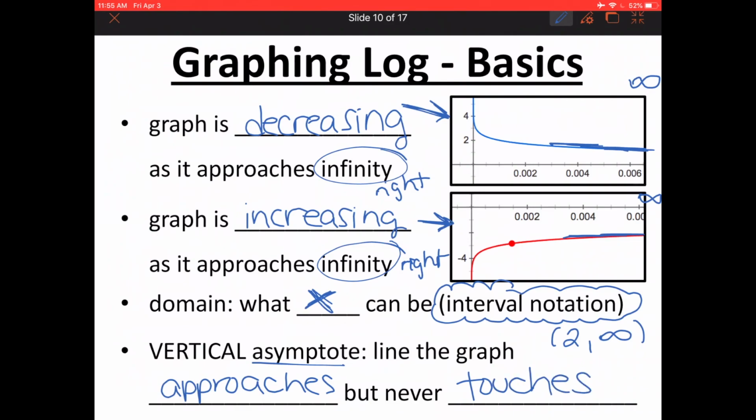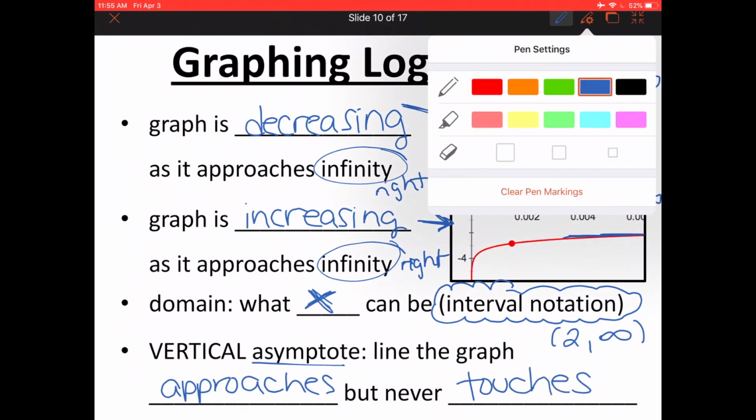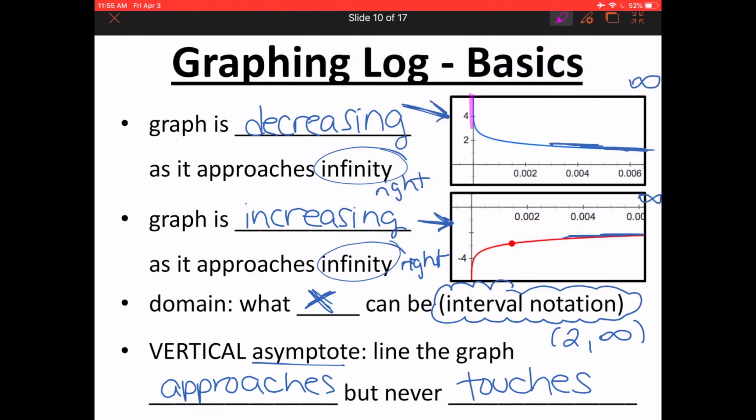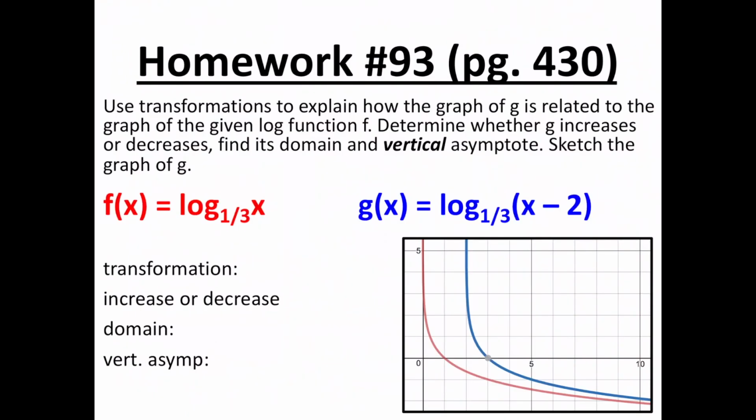So keep in mind some of those asymptotes. For example, here, you see this asymptote at x equals 0 because that graph is approaching it but never touching. Same thing here, at x equals 0, the graph is approaching it but never crossing it. All right? So let's keep going here and do our first example.